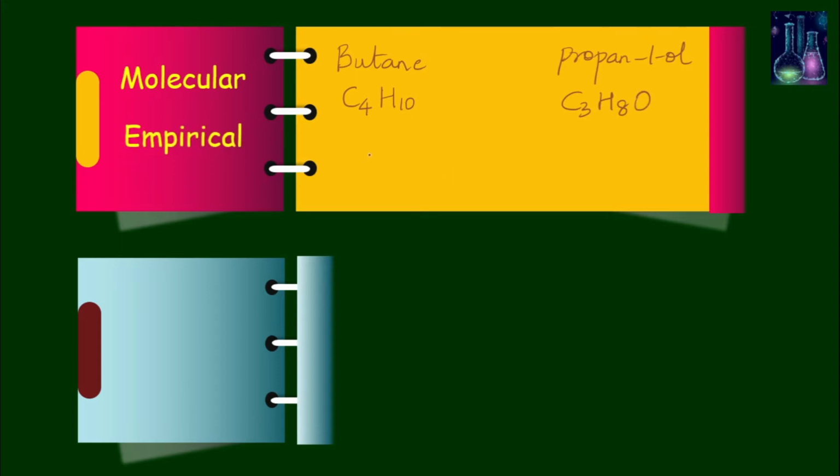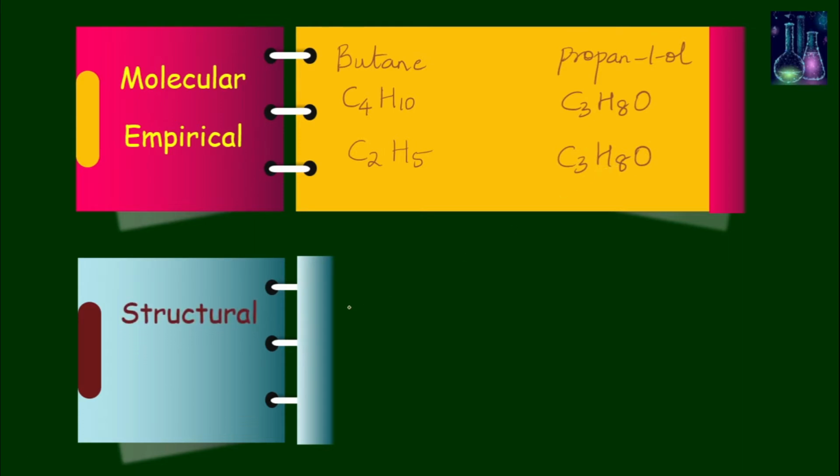The empirical formula for butane is C2H5 and for propanol it will be C3H8O. The simplest ratio cannot be written.